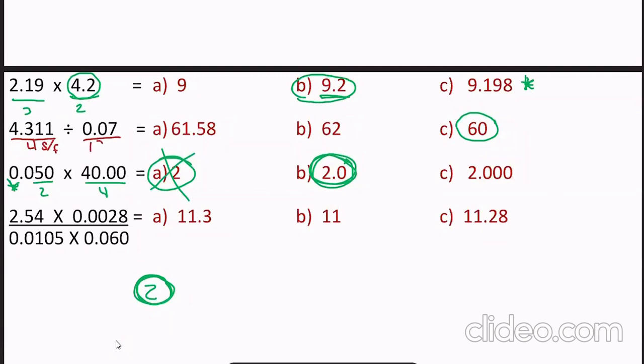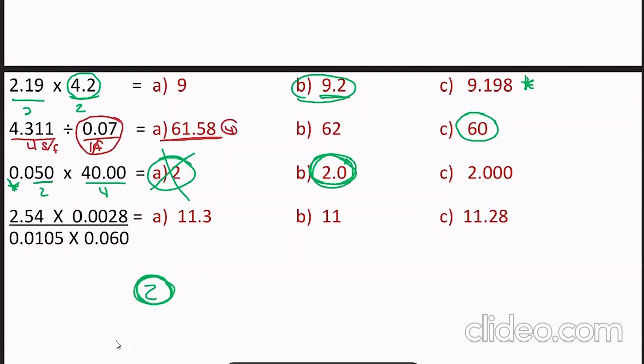So it's 1 significant figure, which means that my answer, regardless of what the calculator comes out to, has to reflect 1 significant figure. Your calculator tells you 61.58. But because this is the lowest number of significant figures, my answer also has to reflect 1 significant figure.